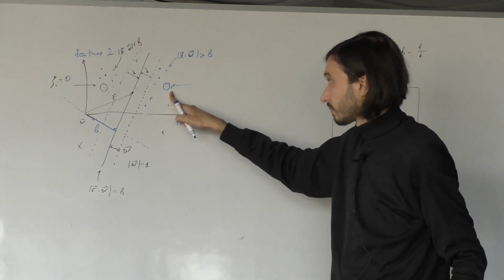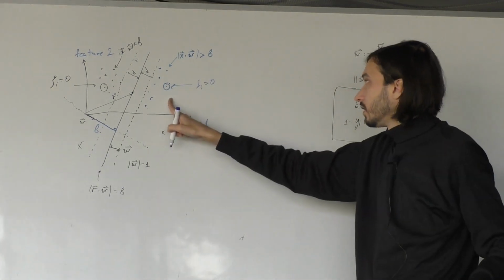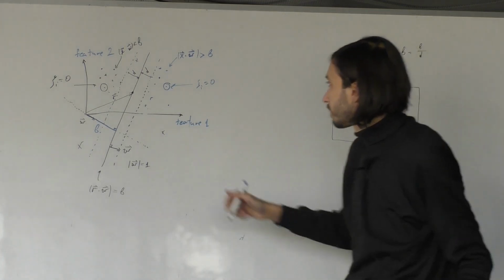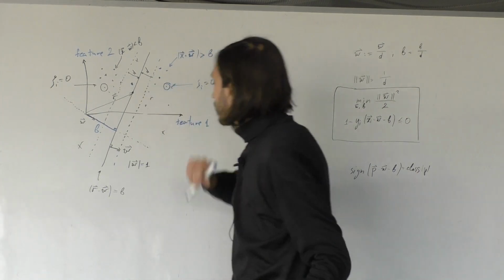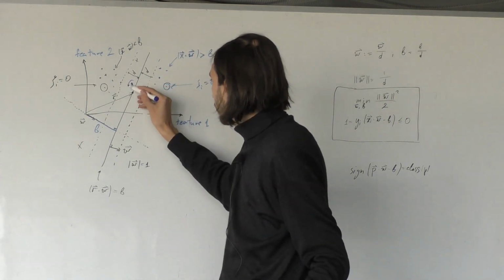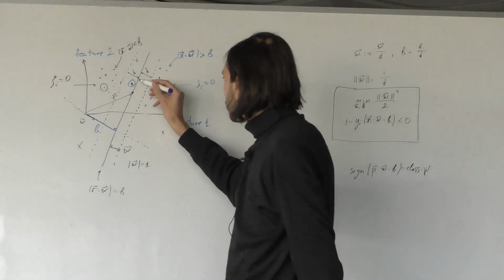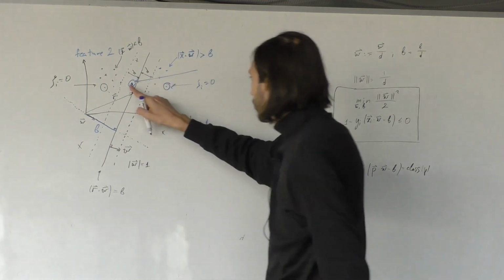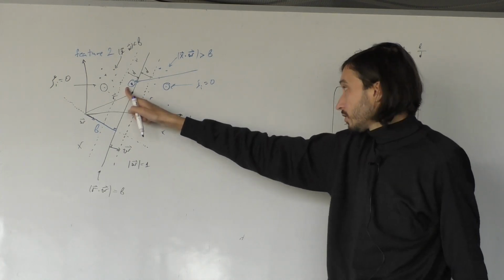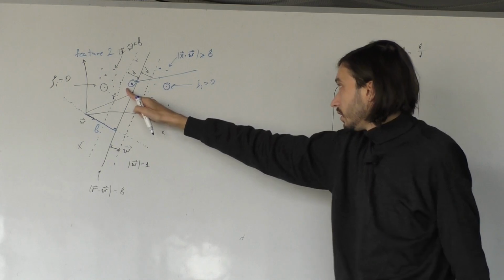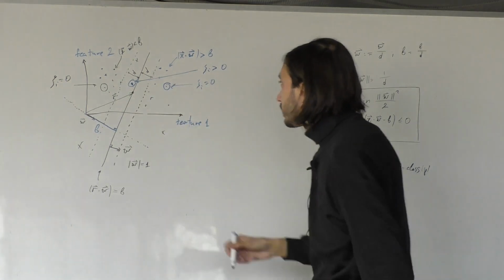Probably also no. So psi i should be equal to 0, I don't need anything. The condition holds. Now, what about this point? It probably should be negative. So my condition does not hold for this point. It lies on the wrong side of the line. So I should have psi i greater than 0 for this point.